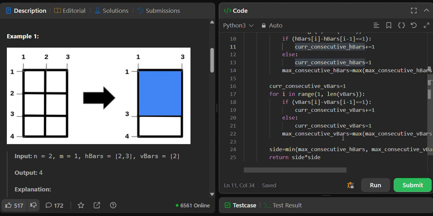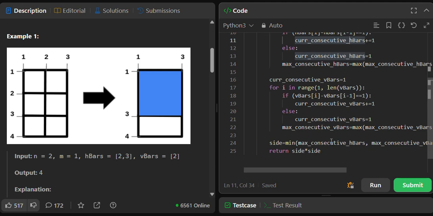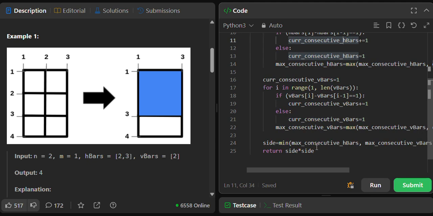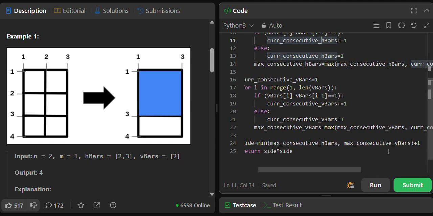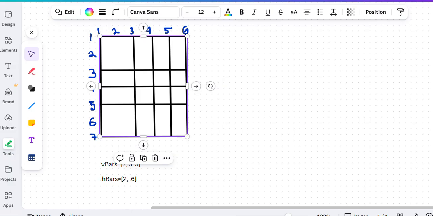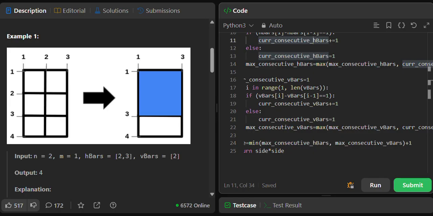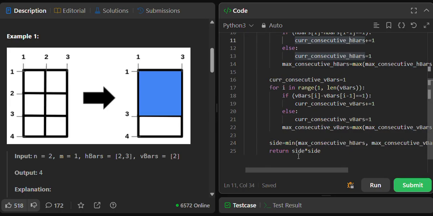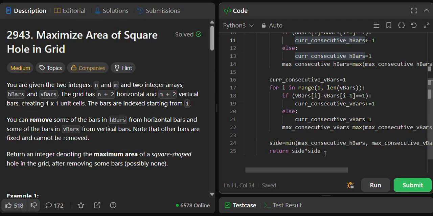Similarly, we are finding the maximum consecutive V bars, and finally we have the side, that is the minimum of both maximum consecutive H bars and maximum consecutive V bars, that represents the height and width of the needed square, and plus 1 because see, here we have a width of 2, but we are removing only one bar, so the maximum width will be plus 1. And finally we are returning the area, that is side squared, the formula for the area of a square.